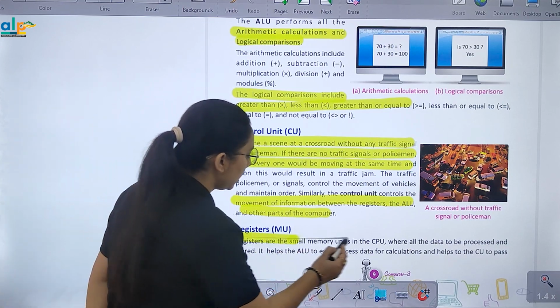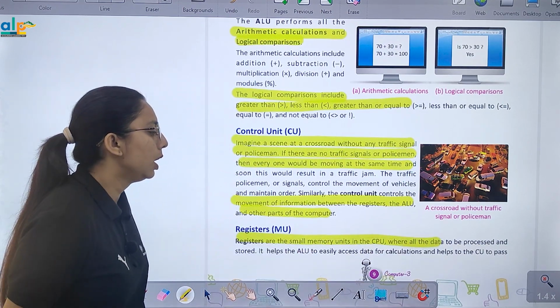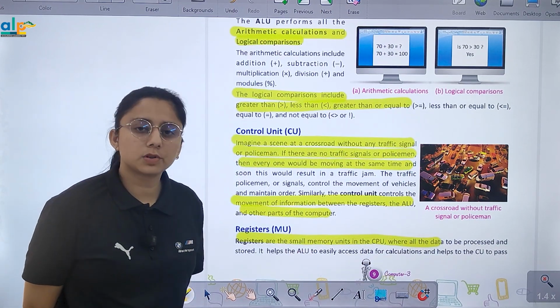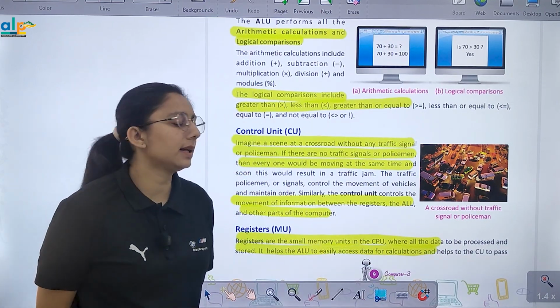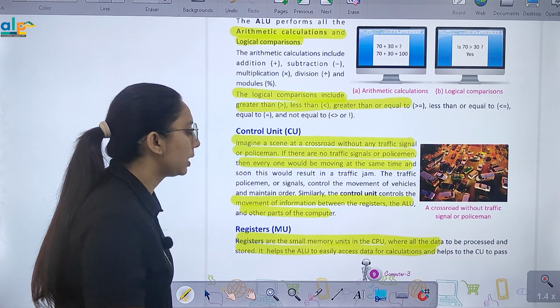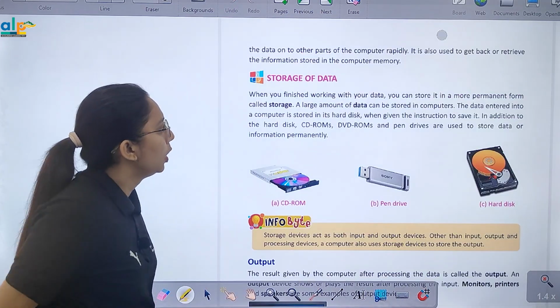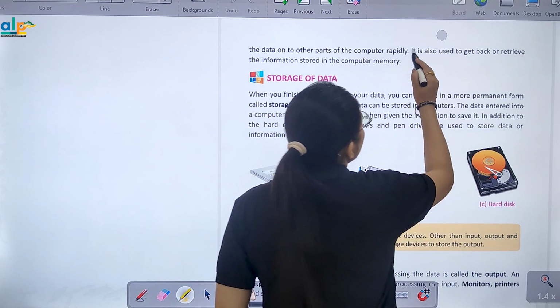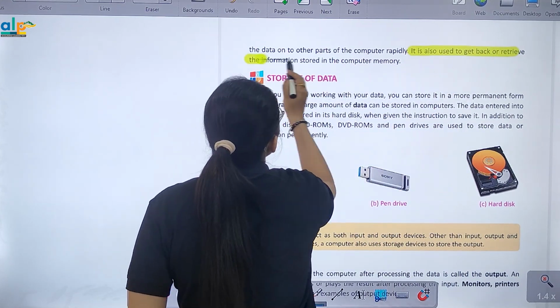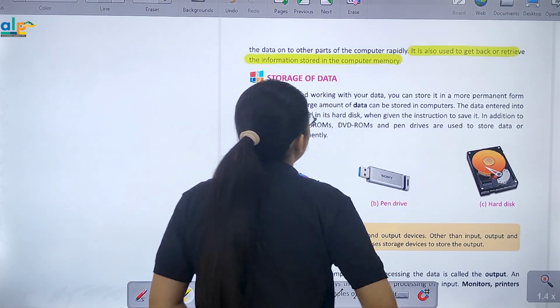Then registers, they are small memory units in the CPU, जहाँ पे सारा डाटा उसको हम प्रोसेस करते हैं और स्टोर करते हैं. It helps the ALU to easily access the data, right, for calculation and helps the CU to pass the data on to the other parts. It is also used to get back or retrieve the information stored in the computer memory.